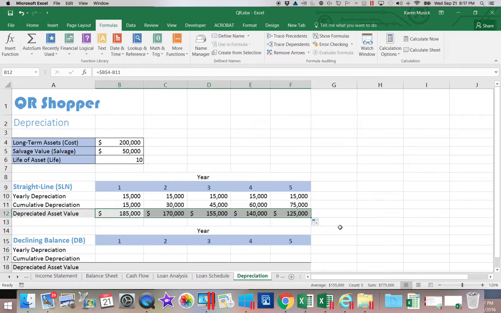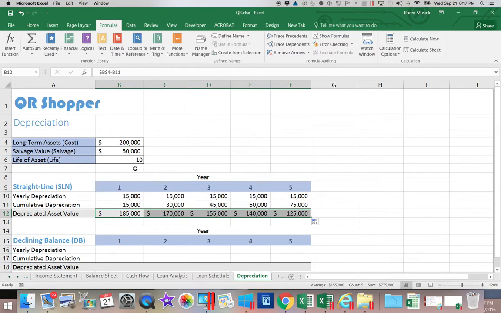Now, what should happen at the end of the life, your accumulated depreciation should be $150,000 and your depreciated asset value should be $50,000, which you come down to the salvage value. The reason you can't see that here is because we're only showing the first 5 years.